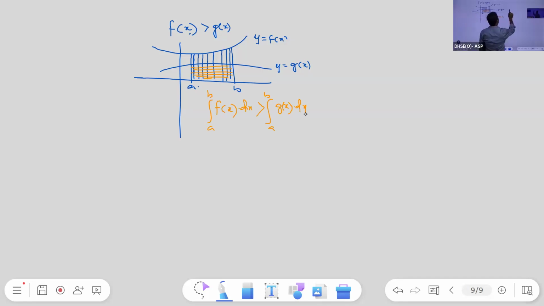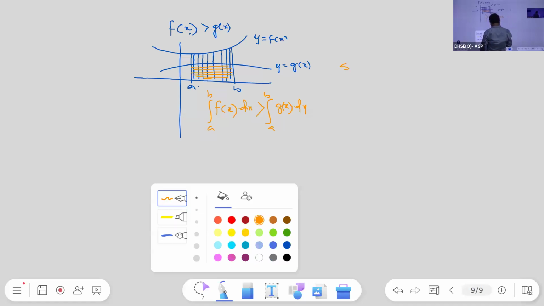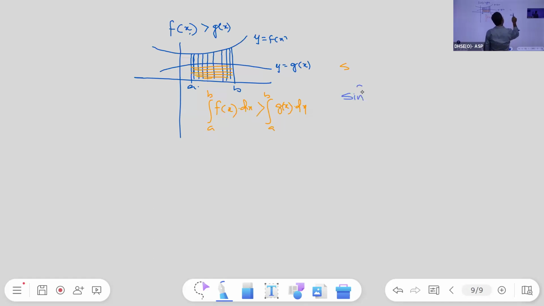You know, sin square x is greater than sin cube x because sin x lies in the interval 0 to 1, so a higher power will give you a lower value.